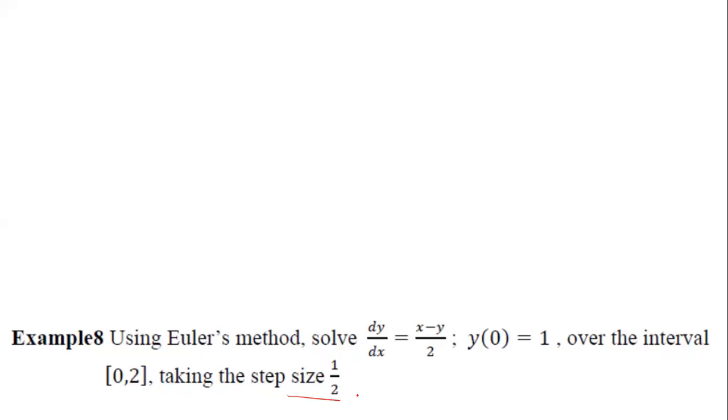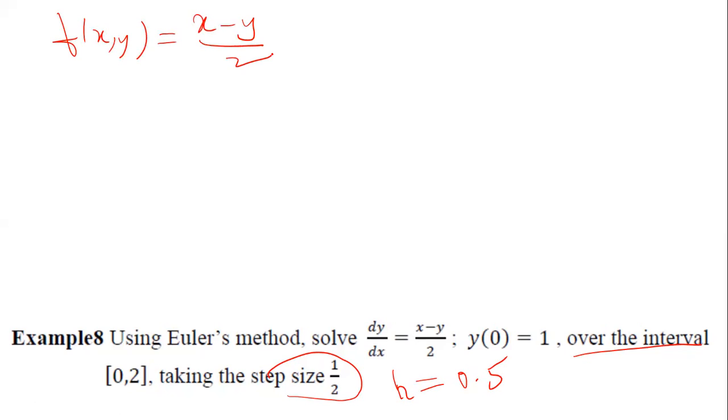Here the step size you have to choose is h equal to 1/2, meaning 0.5, so you have to compute over the interval 0 to 2. What we have here is f of x, y equal to (x minus y) upon 2, and our x naught is 0, y naught is 1.